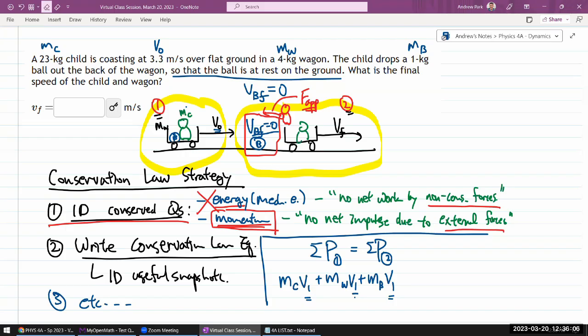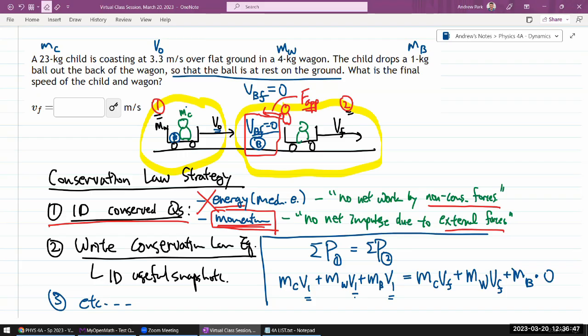That's my snapshot 1. Since total momentum is conserved, the total momentum in snapshot 2 must be the momentum of the child in that snapshot plus the momentum of the wagon in that snapshot, with the same final speed for child and wagon, plus the momentum of the ball in that snapshot, which according to the information given is going to be zero velocity, at rest on the ground.